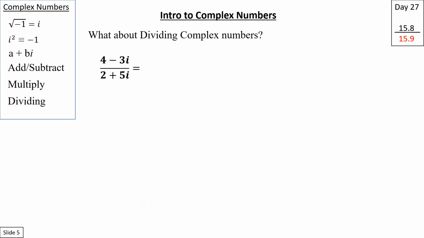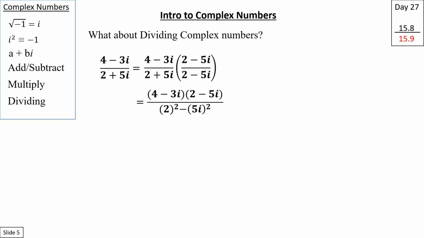So let's actually do it. So we've got 2 plus 5i in the denominator. So we're going to use 2 minus 5i. So we're going to multiply the top and the bottom both by 2 minus 5i. So on the bottom, we're going to get a difference of two squares: the 2 squared minus the 5i squared, the full 5i being squared.